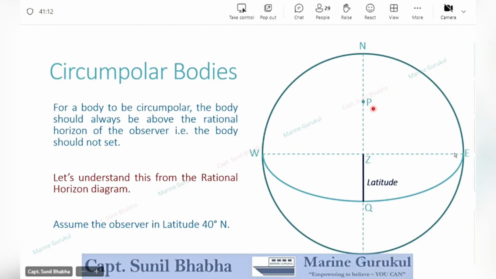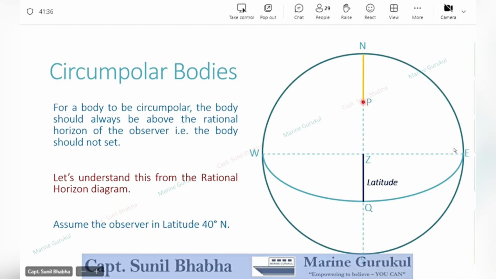Let us first assume a body with a declination opposite to the latitude. The latitude in this case is north, so let's assume a body having a southerly declination. Now in this diagram, we are aware that this N point is on the horizon.